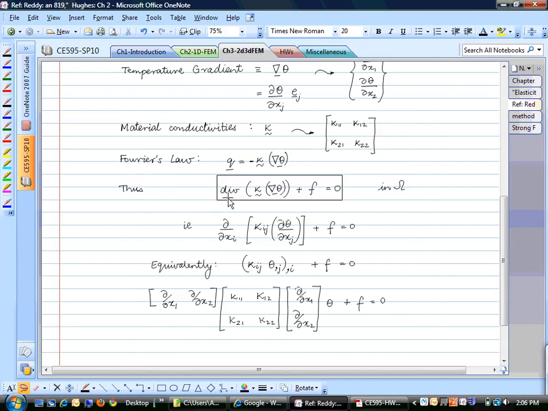So the divergence of this quantity is just going to be written out as d over dxi of this quantity in here, this kij applied to the temperature gradient, plus f is equal to 0. So how many equations are here in this equation? Why is there two equations?